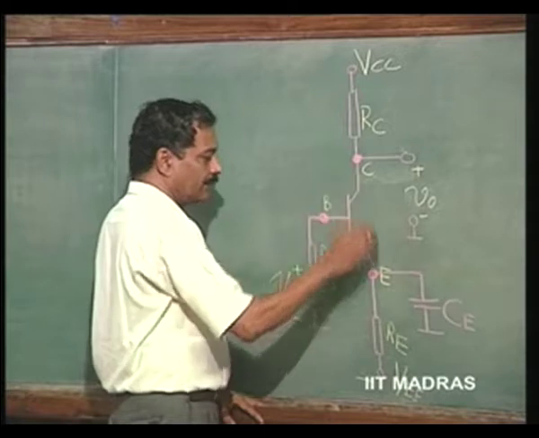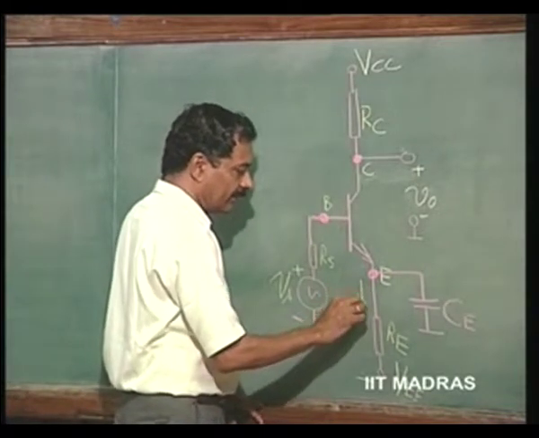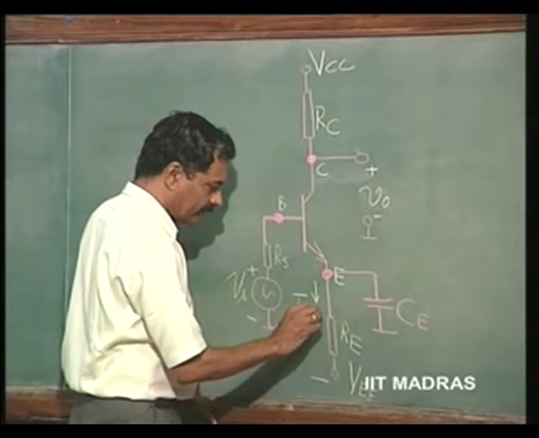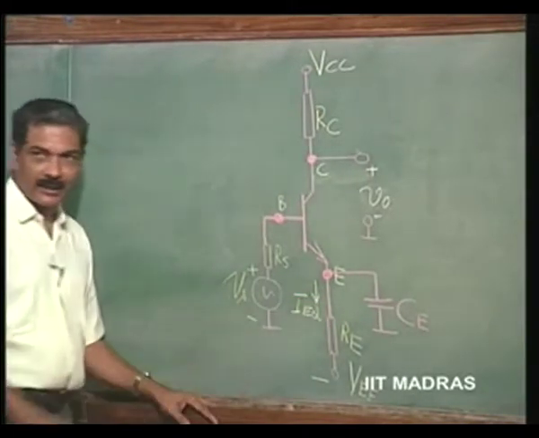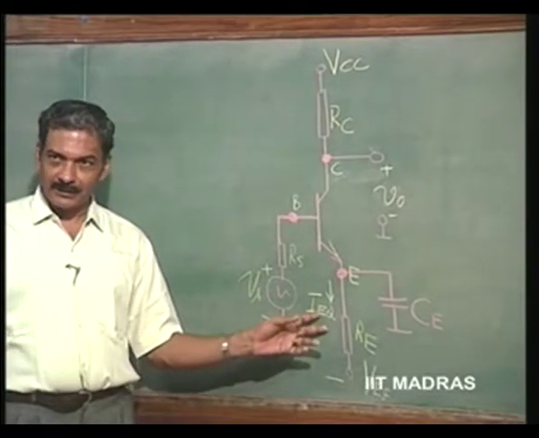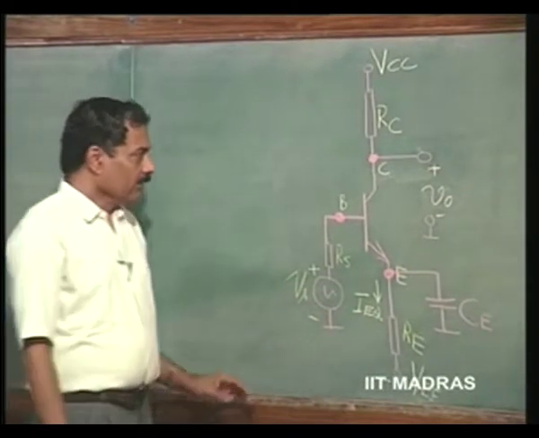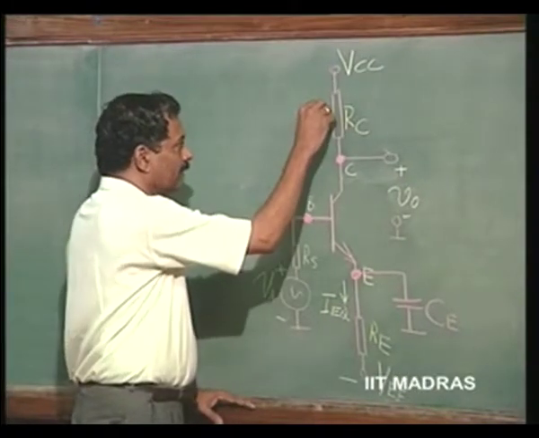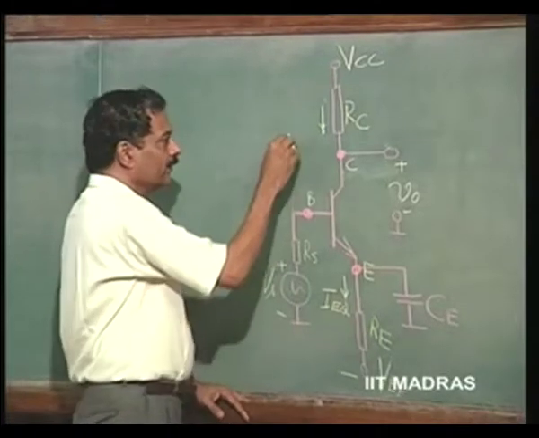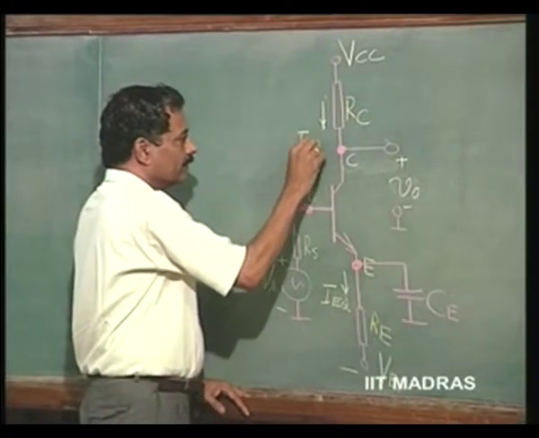So, we have here the current that has been fixed for the transistor as IEQ, the quiescent DC current. I have told you that capital I with capital suffix indicates DC. Corresponding to which we have alpha times IEQ flowing here, which is ICQ.